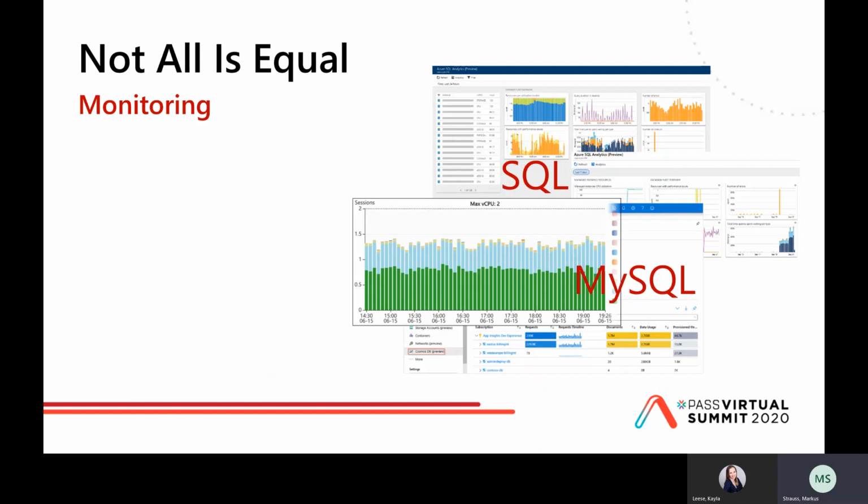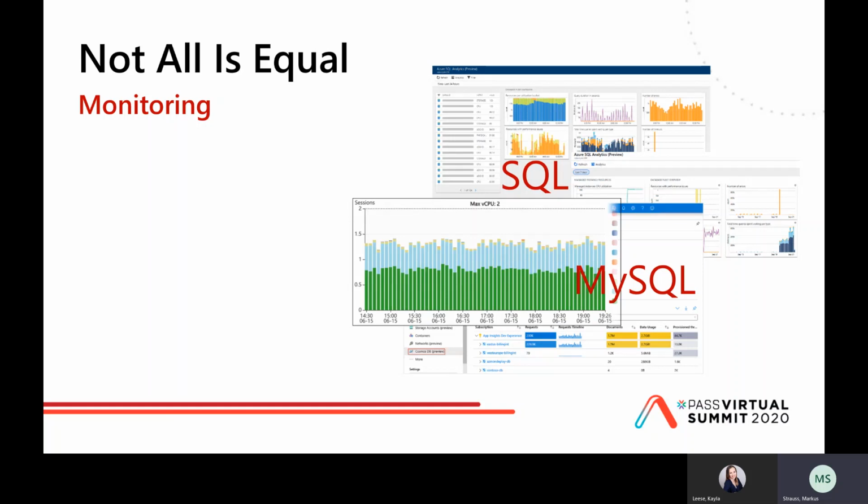I'm using the term dashboard as our single landing page. If I'm responsible for an environment broadly, not just one subset of an environment, I want to make sure that I have some way of getting all of the environmental data, whether that's SQL Server, MySQL, MongoDB or Redis or any of the other ones.